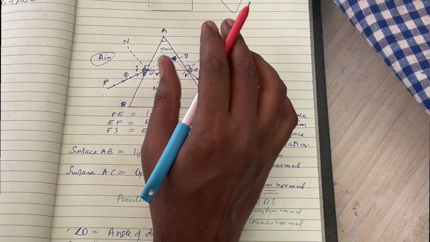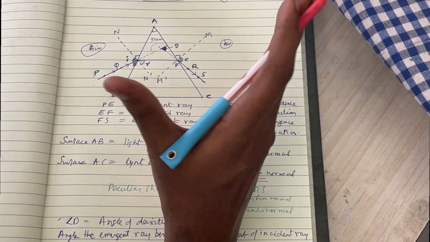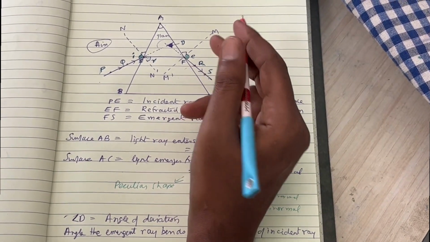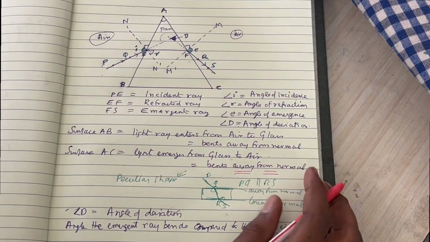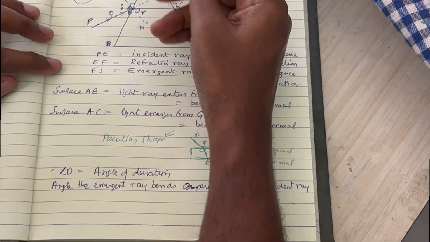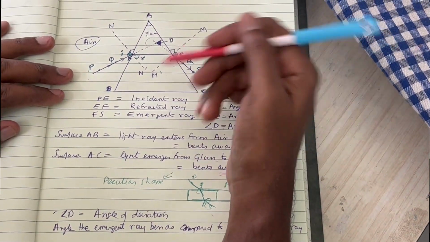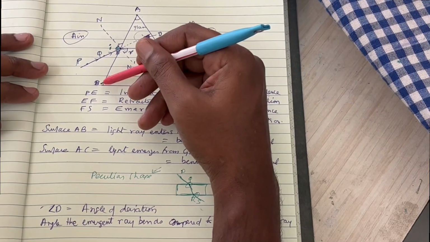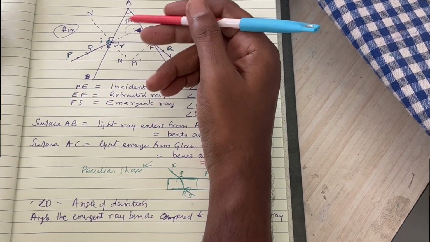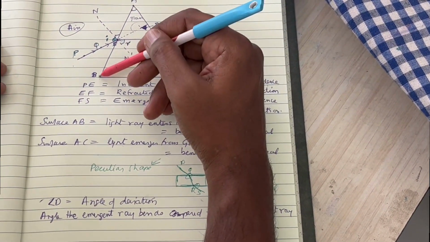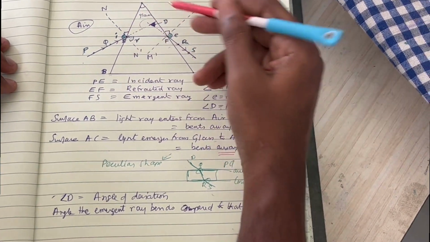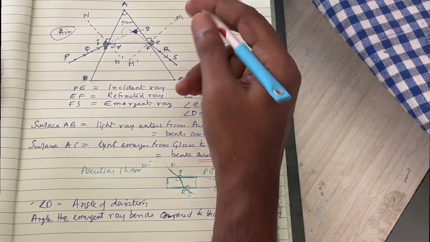Now there is a very, very important thing happening here, which is quite different from a glass slab. Let's look at 2 surfaces to get the idea. The two important surfaces in this discussion are the first surface, AB, and the second surface, AC.